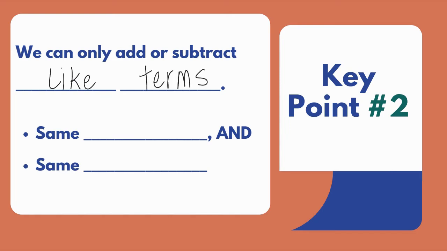But in adding and subtracting these new types of polynomials that we haven't worked with before, two really important things are that we need to keep in mind. So the first is that like terms have the same variable. That part isn't new. The new part that we haven't worked with yet is that like terms also have the same degree of exponent.